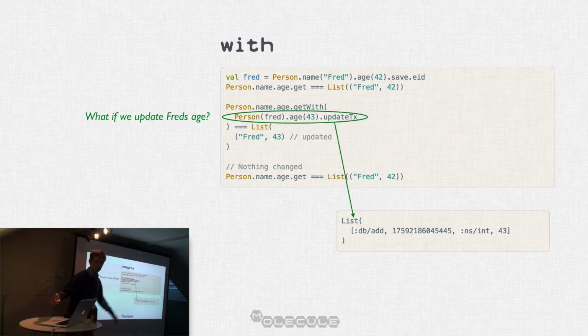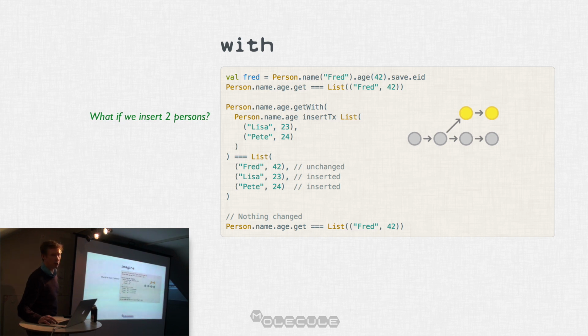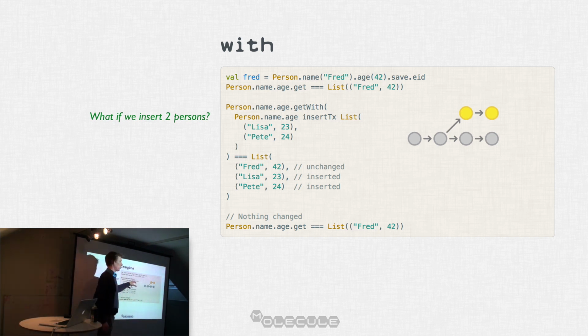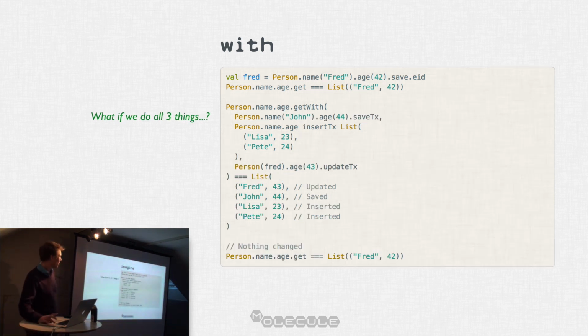So you have update transaction, save transaction, and insert transaction if you insert multiple data things. So you can insert a lot of data. Instead of saving one molecule, you can insert a list of tuples of data, right? And then you can get the updated results if you insert.